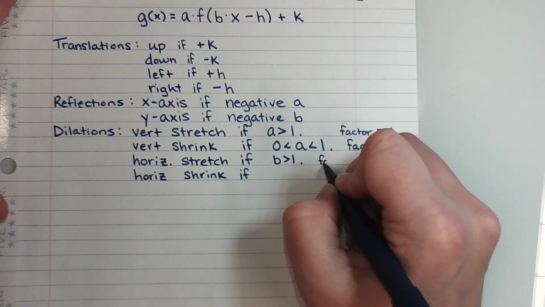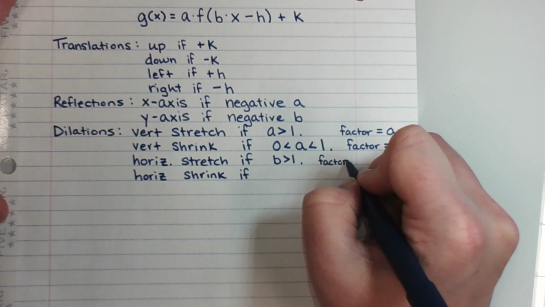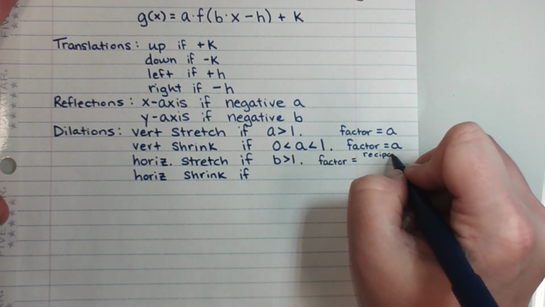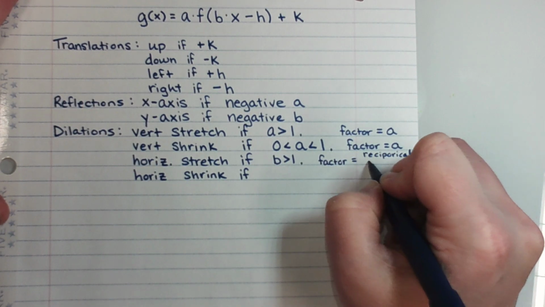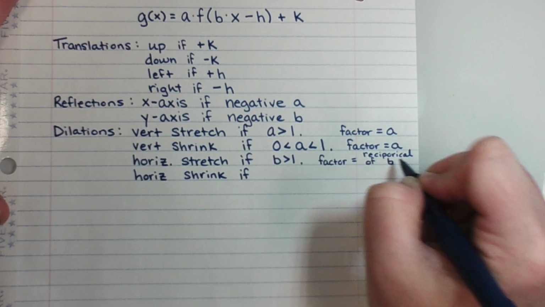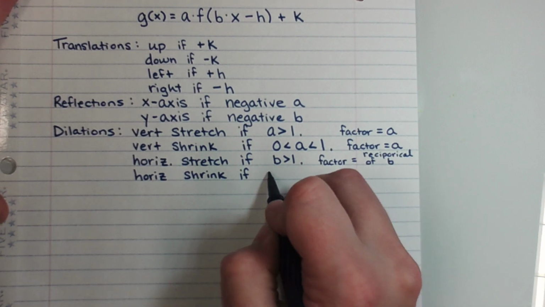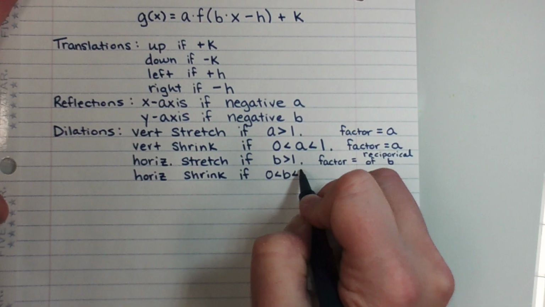And here is where we do reciprocals, for horizontal. The factor is the reciprocal of B when you're dealing with horizontal stretches or shrinks.